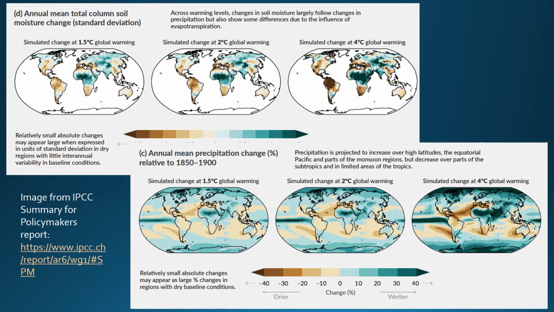So even if precipitation does not decrease very much, an increase in temperature will still lead to more evaporation from plant and soil surfaces, which leads to a decline in soil moisture across the globe, even in areas that may receive similar or even slightly more precipitation.